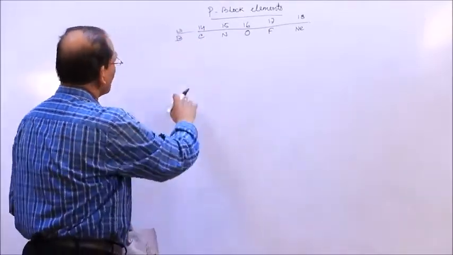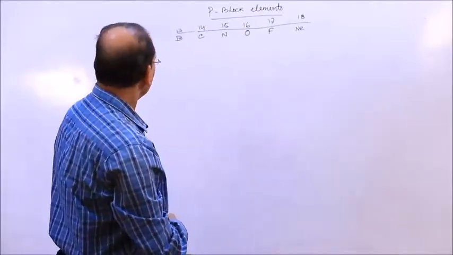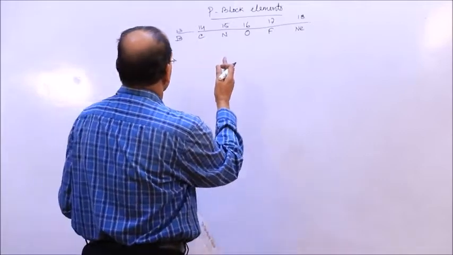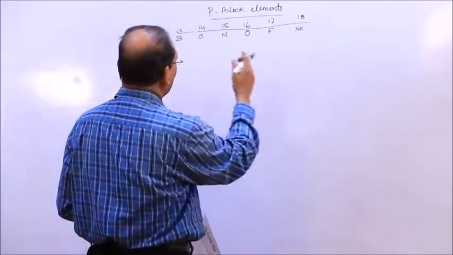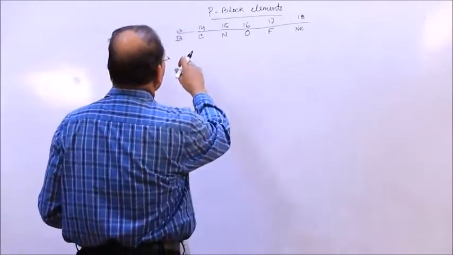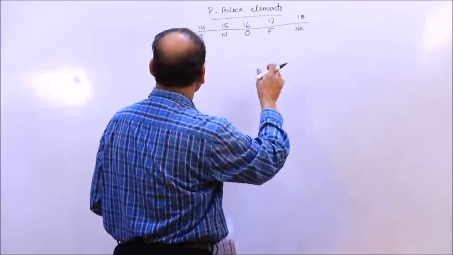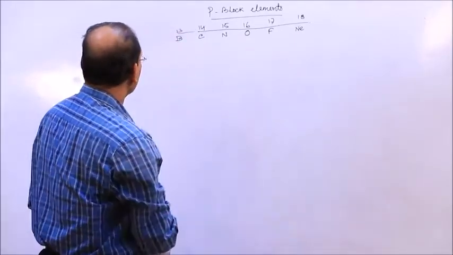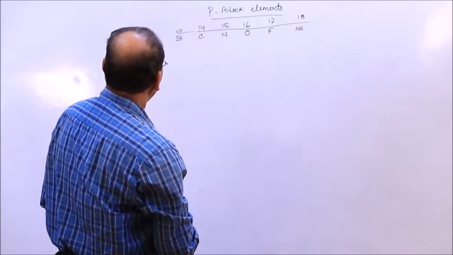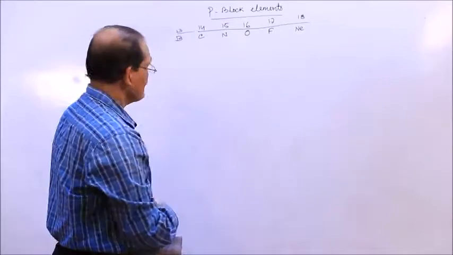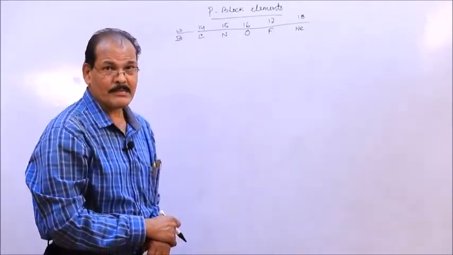So the p block elements constitute the bridge between metals and non-metals. In the beginning there is metallic character and later non-metallic character, and that also includes some elements that are metalloids. Metalloids means partially metals and partially non-metals.